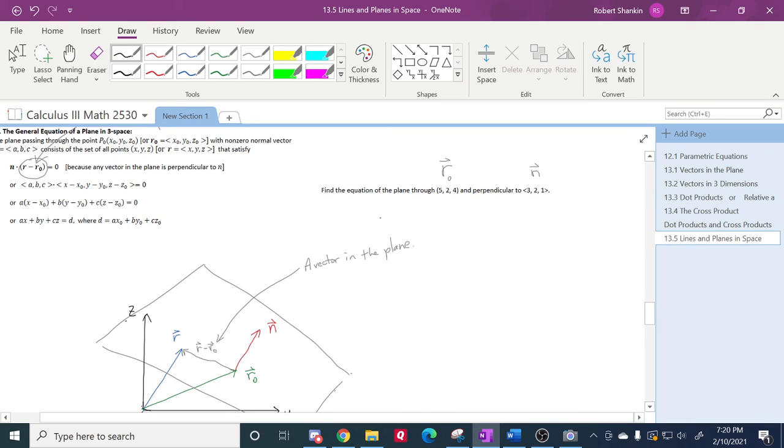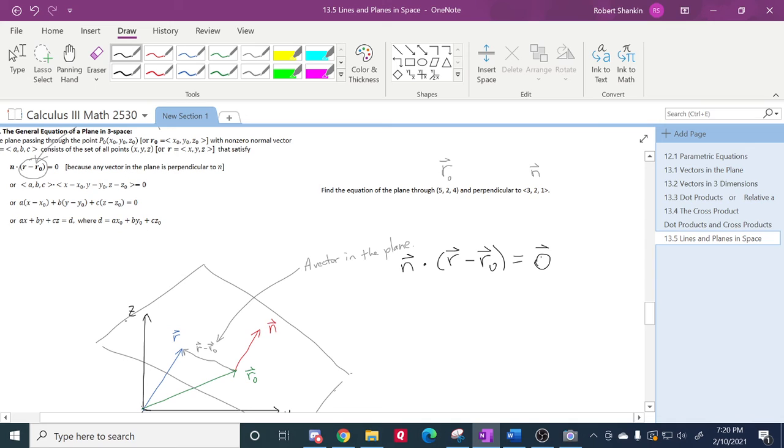One format that I like is this very first one: N dot R minus R0 in vector form is 0. Now sometimes the answer we have to put like a vector above this, because sometimes that's a 0 vector.